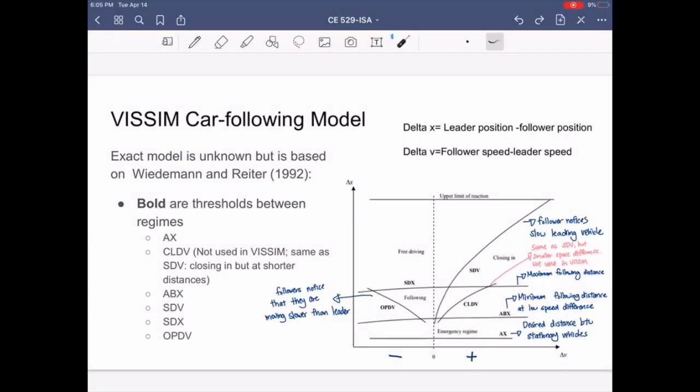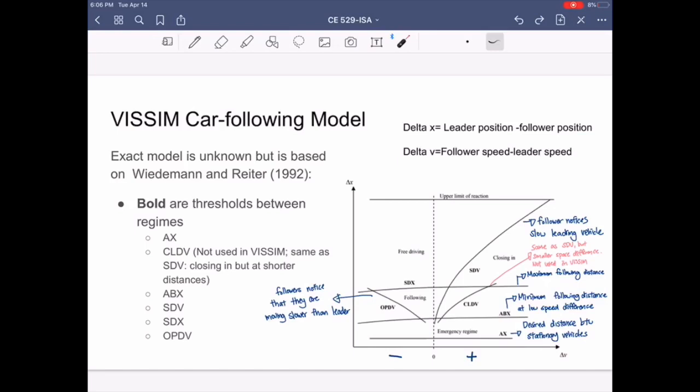Now I'm going to explain how VISSIM simulates car following based on the psychophysical model. This graph displays thresholds and regimes in the relative speed and relative position space. Like I explained earlier, negative relative speed means that the follower is slower than the leader, and positive means that the follower is moving faster than the leader.